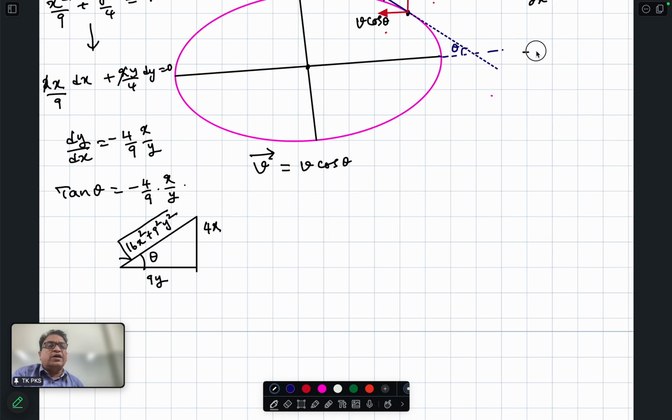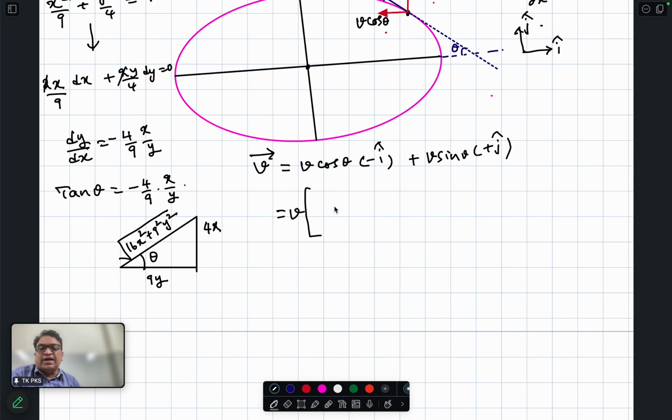You know this direction is represented as i cap and this direction is represented as j cap. V cos theta minus i cap plus V sin theta j cap. V is common.